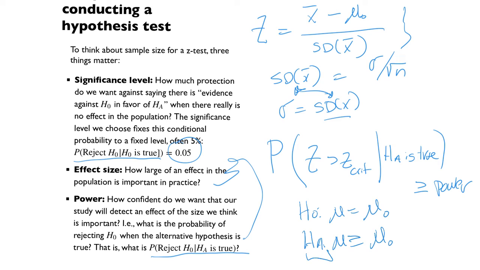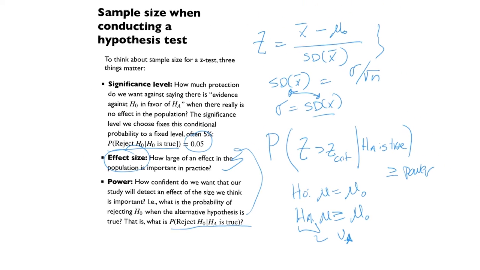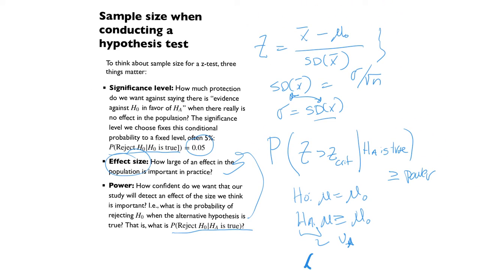But we'll even be more specific. We'll say it's equal to some mu a. So we have some value so that this difference between mu a and mu0 is significant, not necessarily statistically, but is significant for the study. And that's how you choose the minimum difference, the effect size you wish to test. So the effect size would be defined as mu a minus mu0.